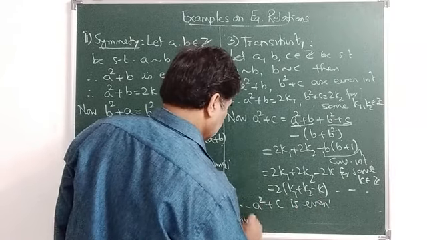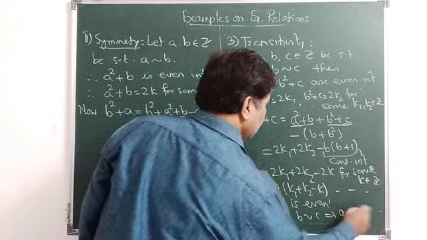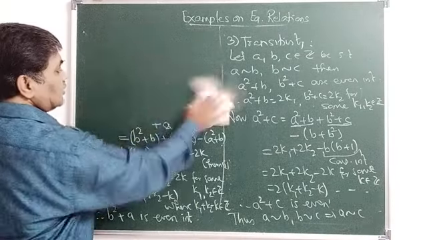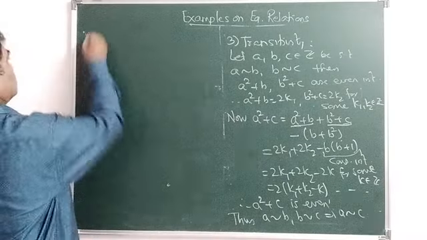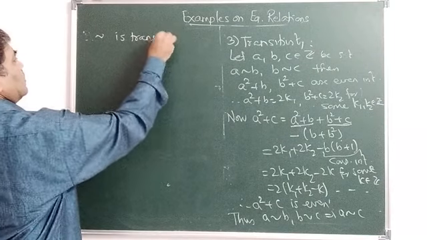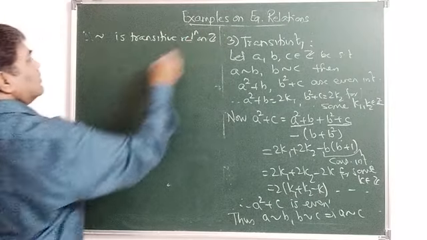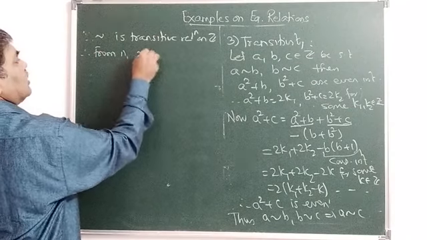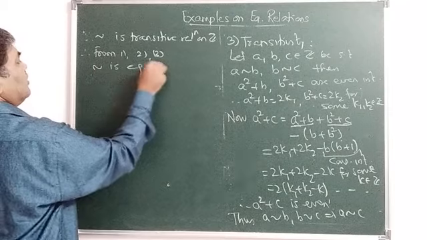Thus a related to b, b related to c implies a is related to c, and therefore tilde is a transitive relation on Z. So from 1 to 3, this relation is an equivalence relation on Z.